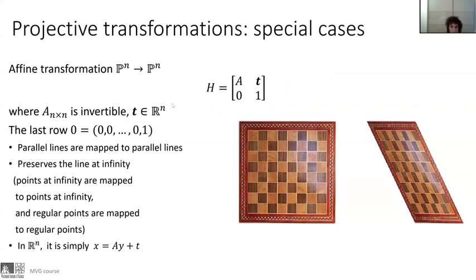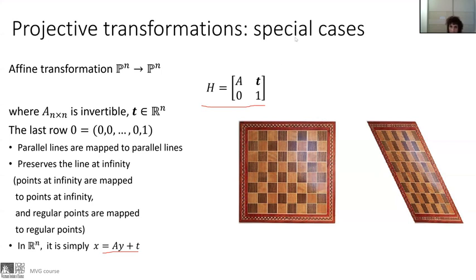If we speak about affine transformation, by the way, how many of you are familiar with affine transformation? Nobody. Okay, so affine transformation is like a linear transformation plus some translation, like here. In Rn, you take the vector, multiply by some invertible matrix, and add some translation. In block format, it can be written like this.